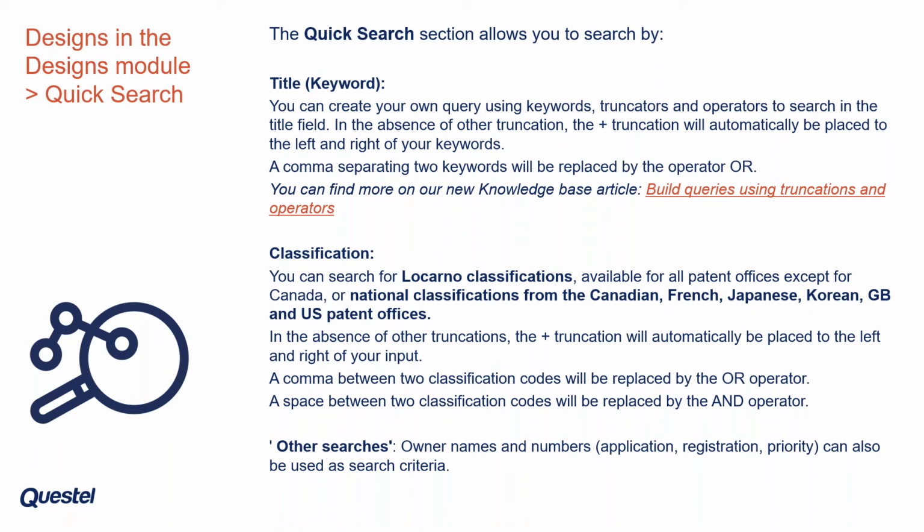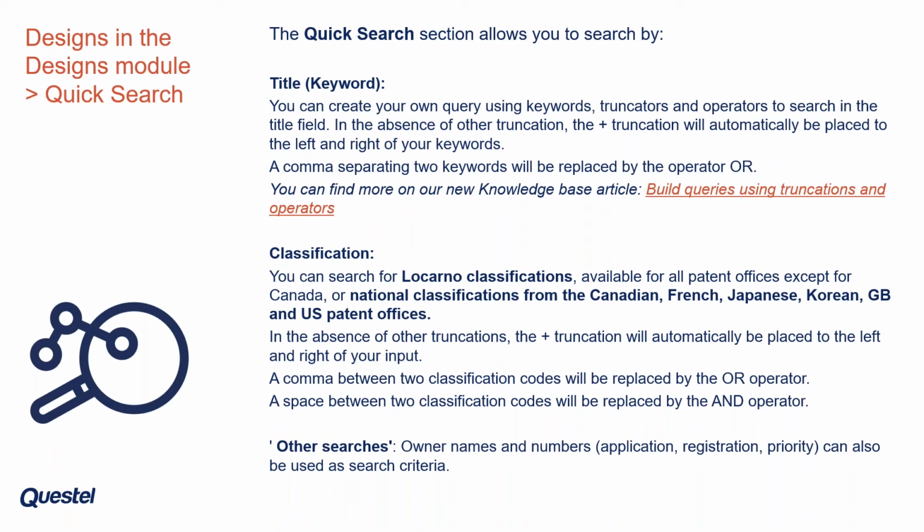You can also search for Locarno classifications available for all patent offices except for Canada, or national classification from the Canadian, French, Japanese, Korean, British, and US patent offices. Here, in the absence of other truncations, the plus truncation will automatically be placed to the left and right of your input.